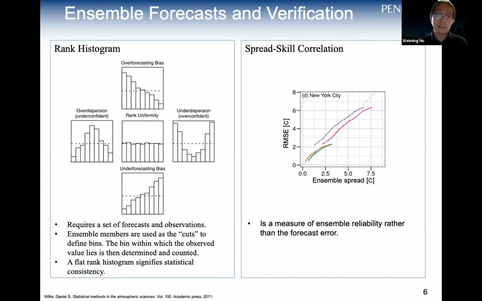If an ensemble forecast has a high correlation, we can directly calculate the spread of the ensemble, and then we have a sense of how big the error is, and how good the predictive skill is, without looking at the observation. But the bottom line is that this spread-skill correlation is merely a measure of ensemble reliability rather than the actual forecast error. As you can see, it only tells you how good the correlation is, but it doesn't tell you the actual predictive skill.